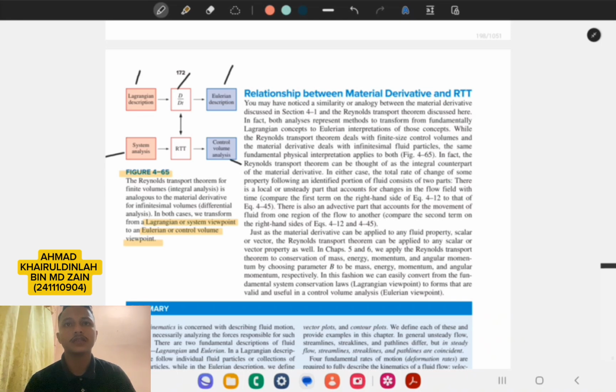When we look at this figure, in the differential analysis the Lagrangian description is changed through the D over Dt to become the Eulerian description. However, in the RTT the system analysis is changed to the control volume through the RTT, which we mention as integral analysis.